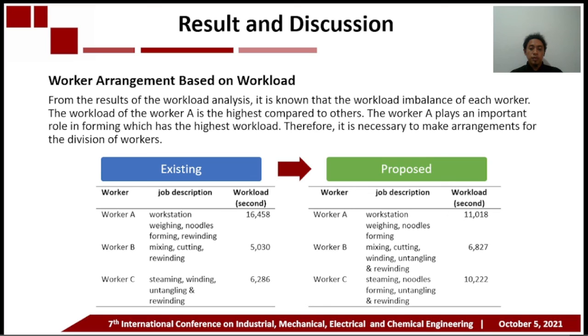For worker C, with a job description at steaming, noodle forming, untangling, and rewinding, she increases her workload to 10,000 seconds.